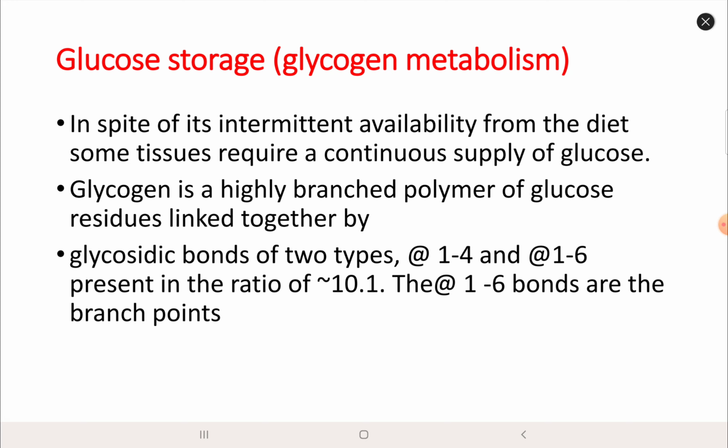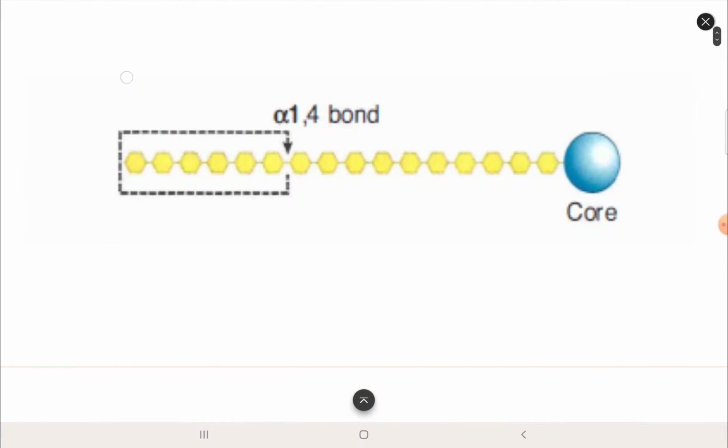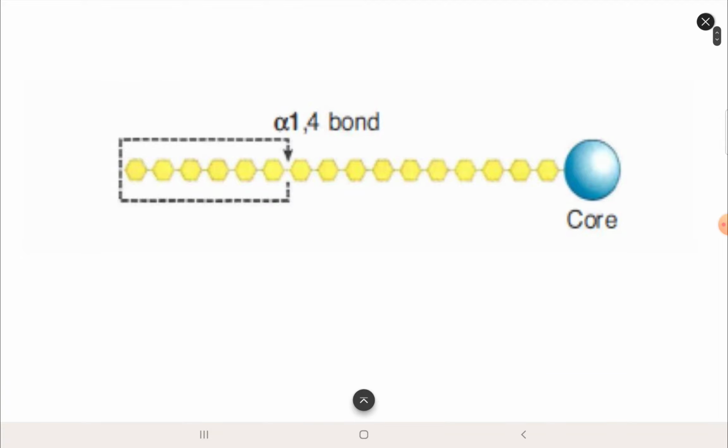How? Look at this molecule. Glucose molecules are attached to each other by glycosidic bond, carbon number 1 and carbon number 4 of the other.